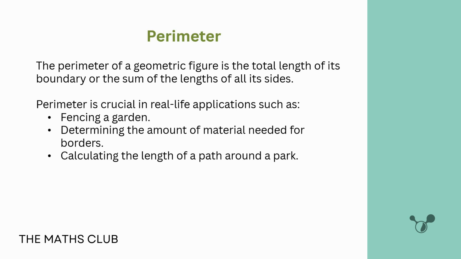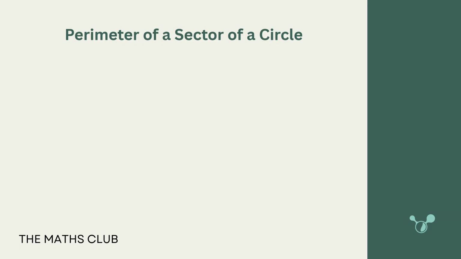When you want to fence a garden, you want to find out the total length of the sides. If I determine the amount of material needed for borders, just like when America was building that border, they would need to have found the length of the sides so they can properly plan. And if you're trying to determine the length of a path along a park, of course you would need the perimeter.